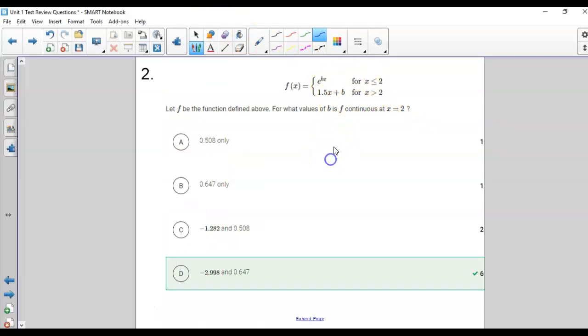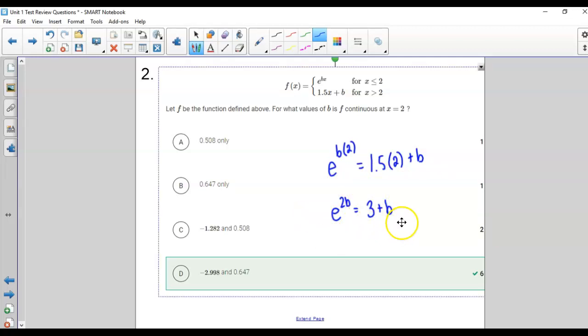So you would have e to the b times 2 has to equal 1.5 times 2 plus b. And so you've got e to the 2b equals 3 plus b. And that's your equation that you're dealing with there.